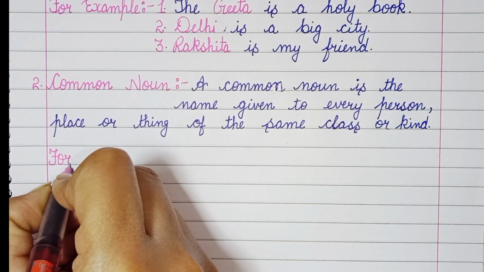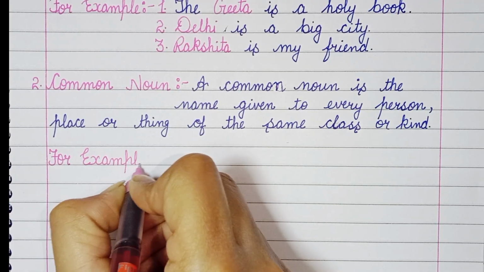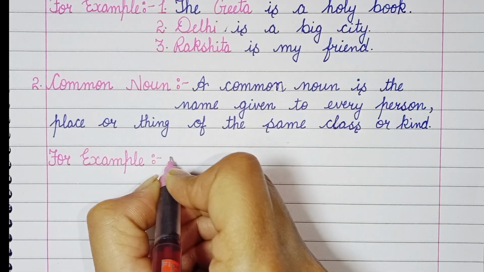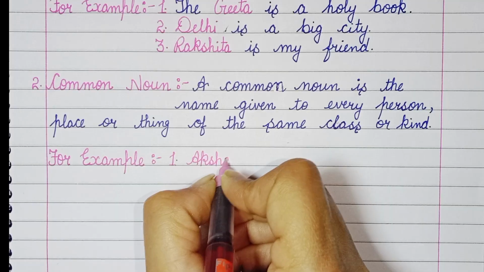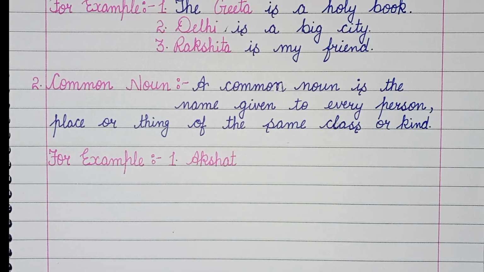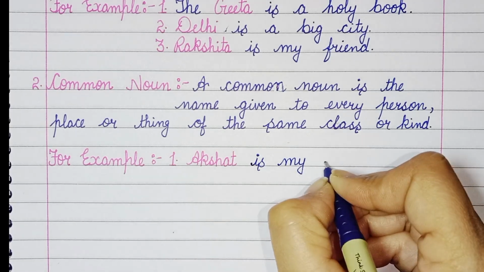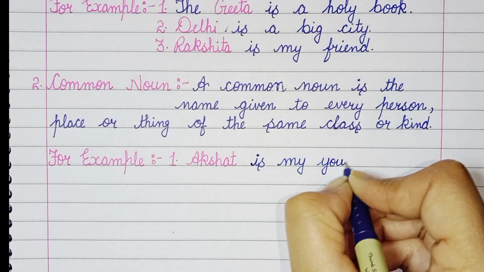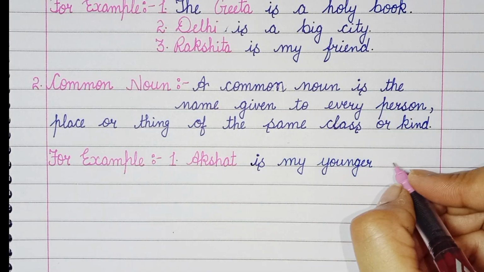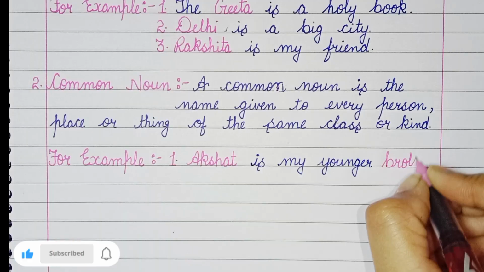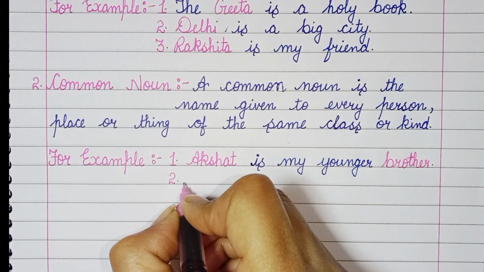For example, first is Akshat is my younger brother. Akshat and brother is a common noun.